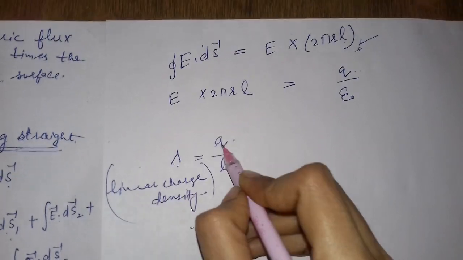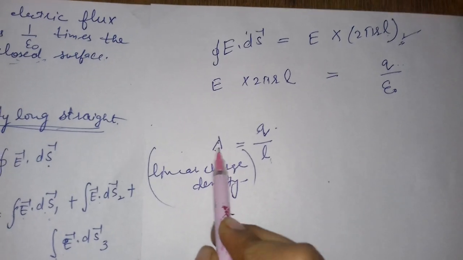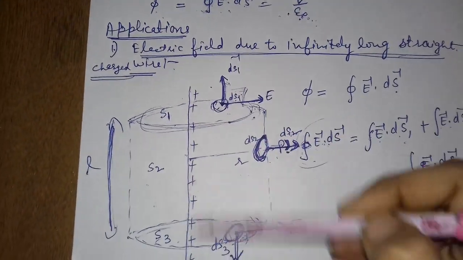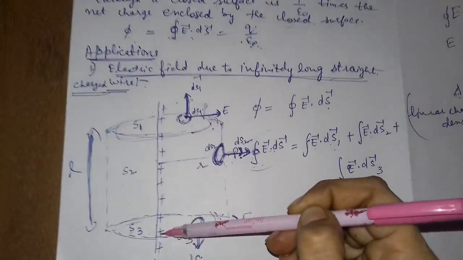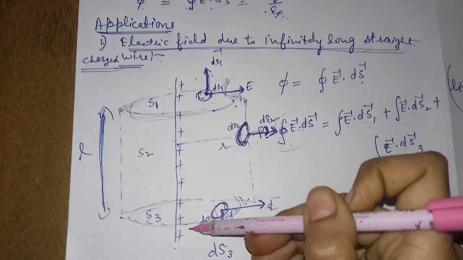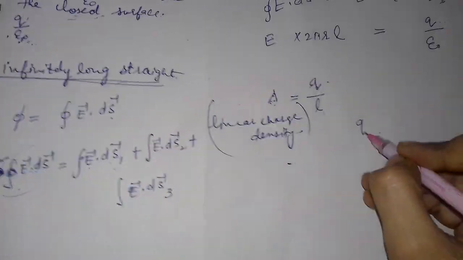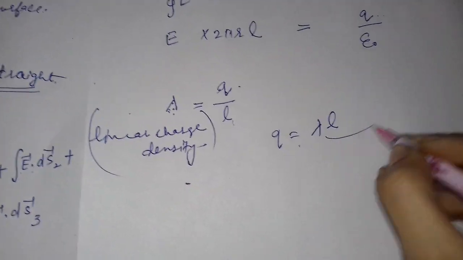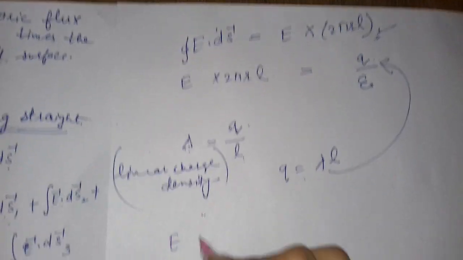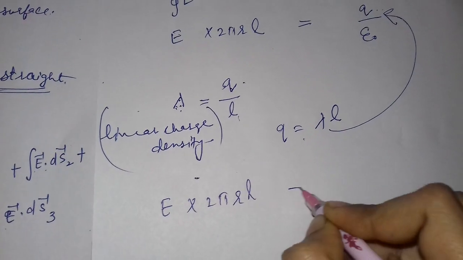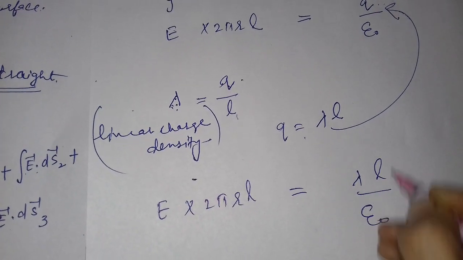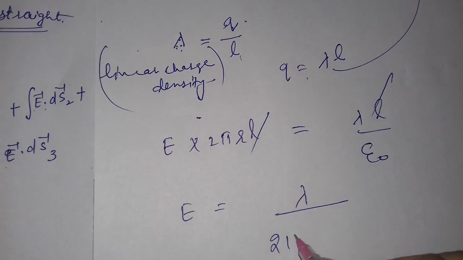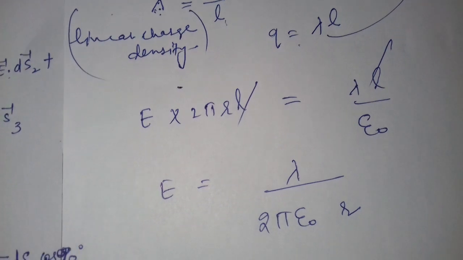So I will substitute the value of q in terms of lambda, because this is an infinitely long charged wire, so I will use linear charge distribution there. So I get q equal to lambda L. Then substituting the value of q here, I get E 2 pi r L equal to lambda L by epsilon naught. Then I get E equal to lambda by 2 pi epsilon naught r.